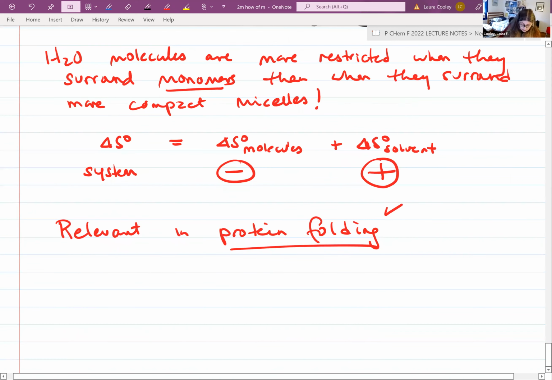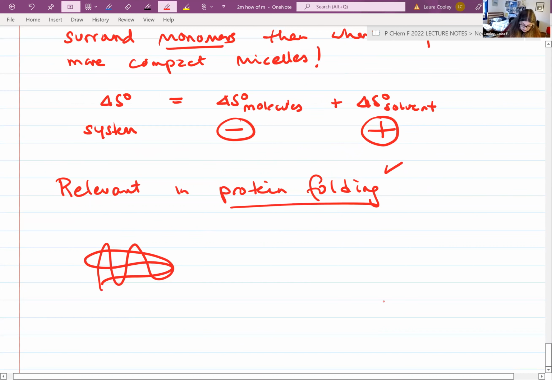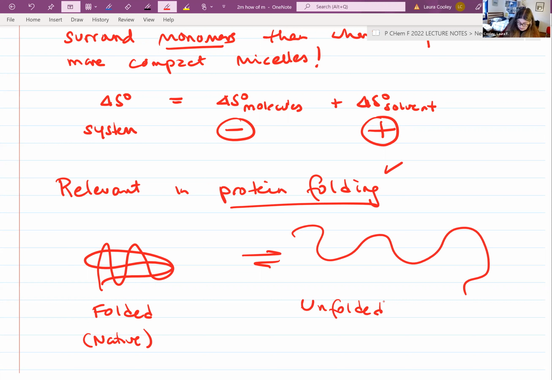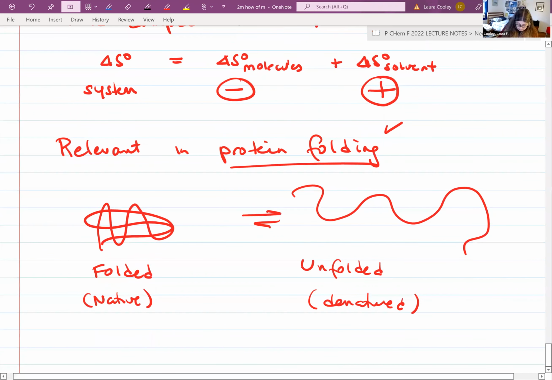If you're going from, say, folded, which is native, to unfolded, denatured, the delta S for the protein itself is positive, as expected.